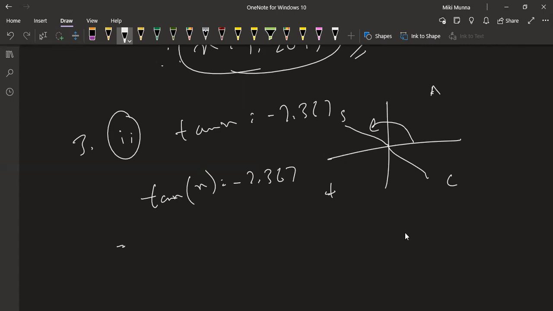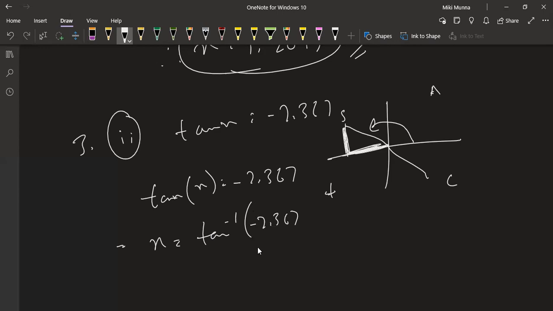The region is given from 0 to 360. So x equals tan inverse of negative 2.367, which gives us negative 1.17.